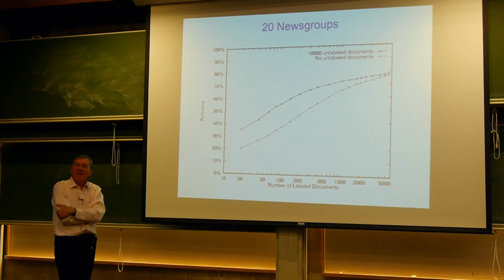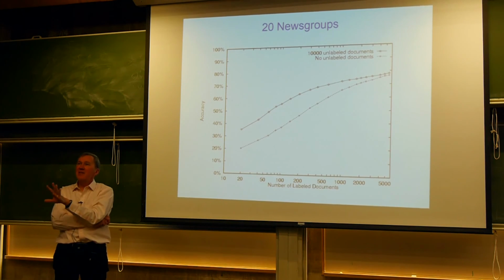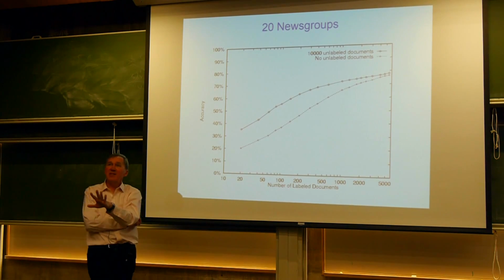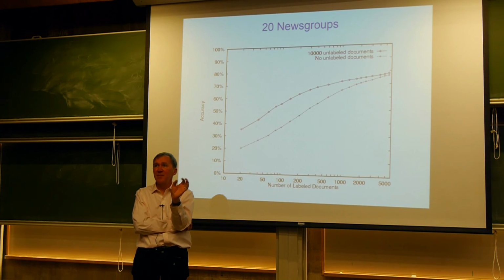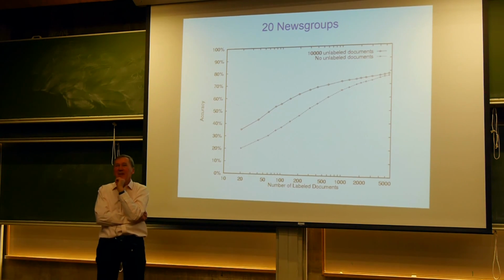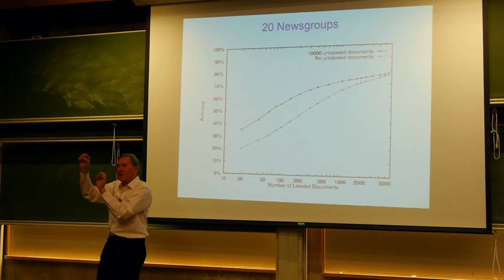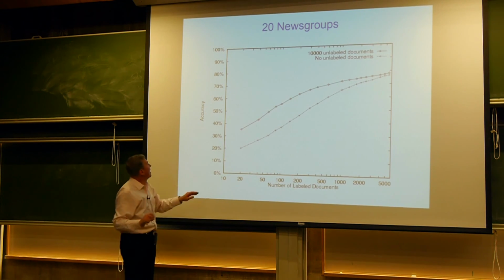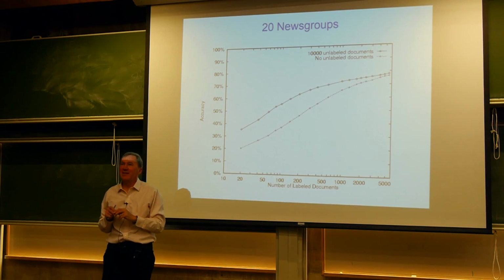But what he did was train a naive Bayes classifier given a bag of words style representation of a document, to classify which of the 20 news groups it belongs to, that's the y. And he used some unlabeled data. That is, he didn't bother telling the program where some of those training news articles came from. So he had some labeled documents, which were labeled with a y saying, oh, this is news group 5. And then he had other unlabeled, in this case, 10,000 other unlabeled news group articles.